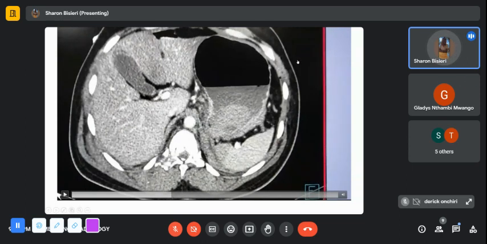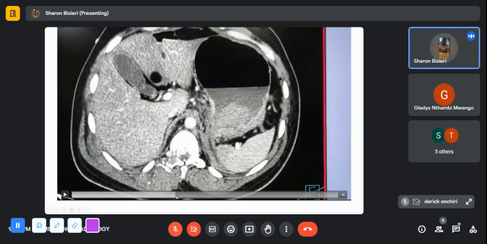If I start with where the entry wound is, there were some air locules within the soft tissues, and then on the posterior aspect of the stomach wall, there's a break in the continuity of the stomach wall itself.